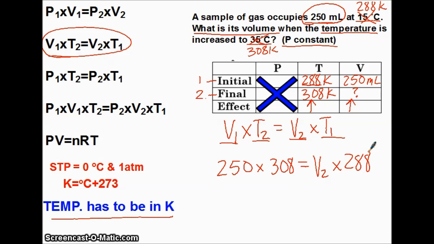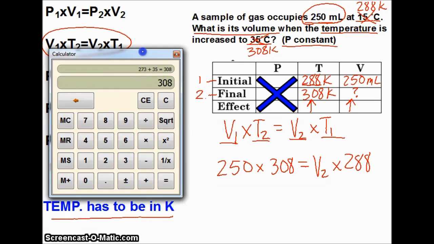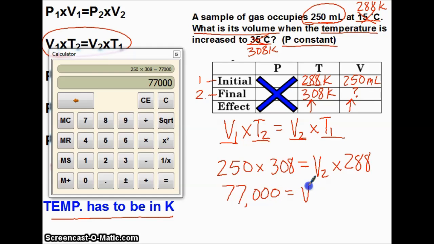So just real quick, we can do this with our calculator here. 250 times 308 equals, we get 77,000 is equal to our V2 times 288. Now to get rid of this multiplication, we have to divide 288 here. That cancels. Divide this by 288.